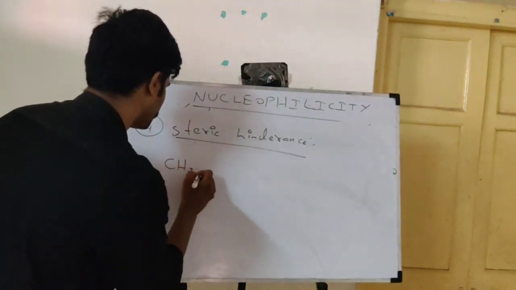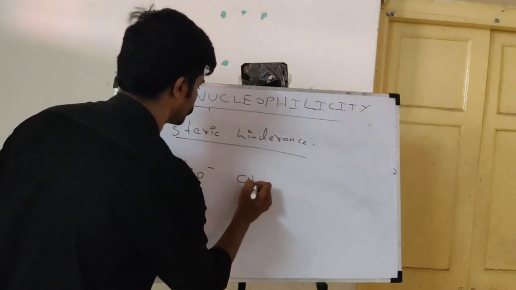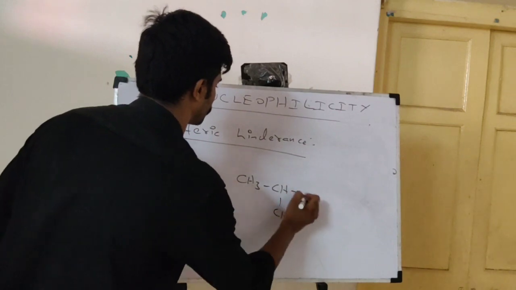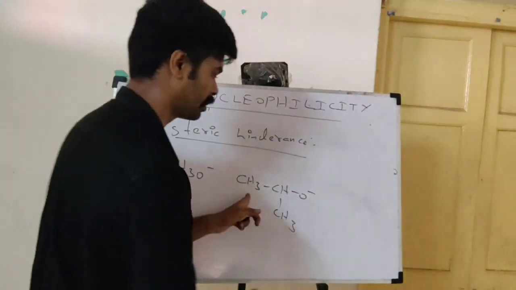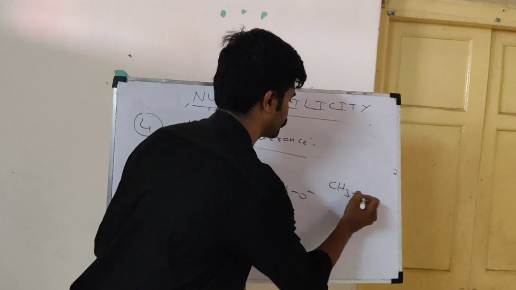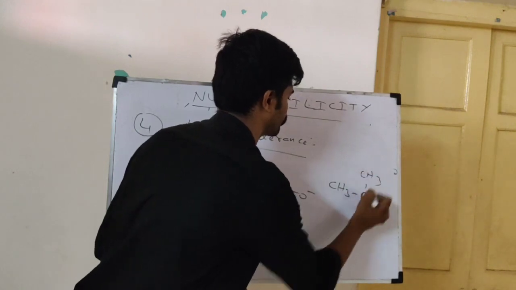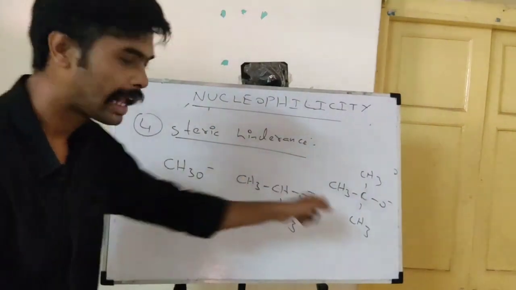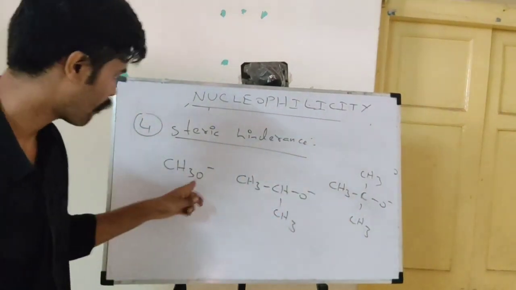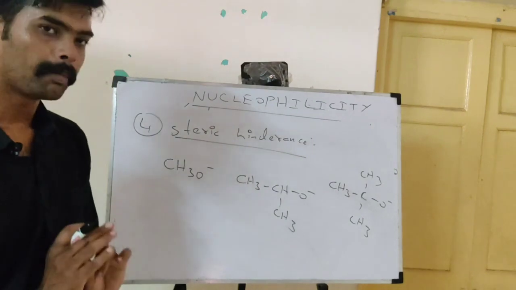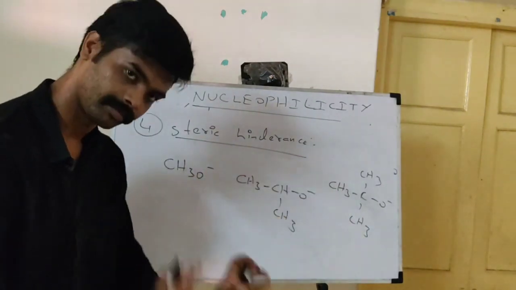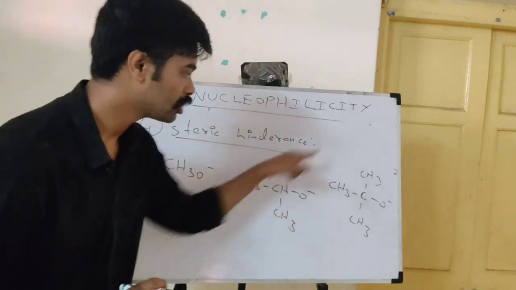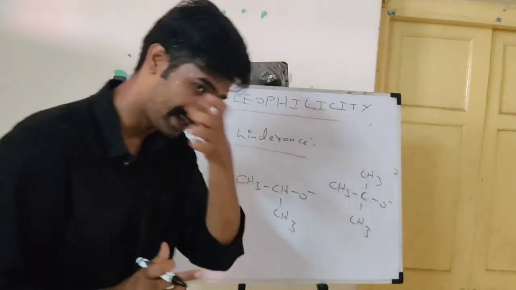Say I have CH3O minus, this, and this. All are alkoxide ions, all of them have oxygen as the nucleophilic center, and all are electron donating groups, no problem. But the only thing which is going to vary is the length of the alkyl chain, how big the alkyl chain is.